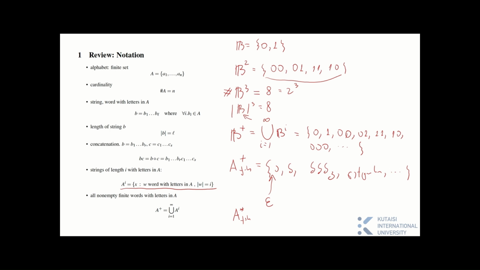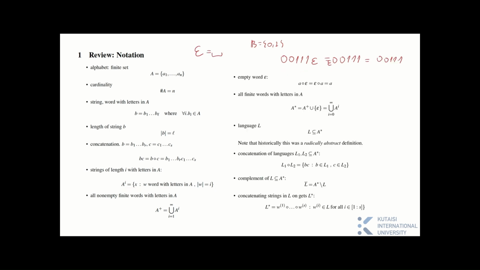A star has an empty word added to it. That's it. So A star is basically A plus and an epsilon by definition. So it's the same as taking a union but starting from 0. Here you started from 1, you see. So if you start from 0, A to the power 0, you might call it epsilon. So just one set that contains epsilon, and then you get the same kind of definition.